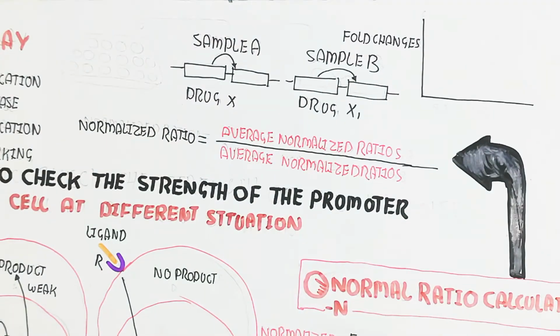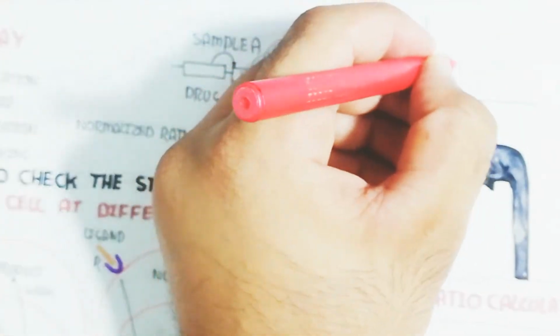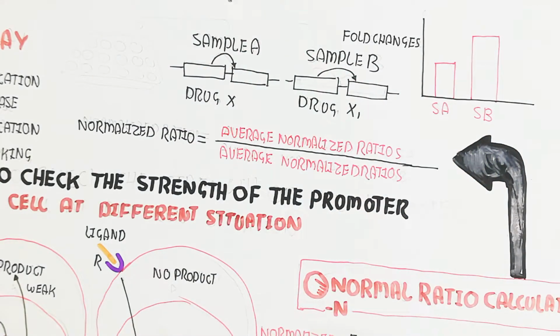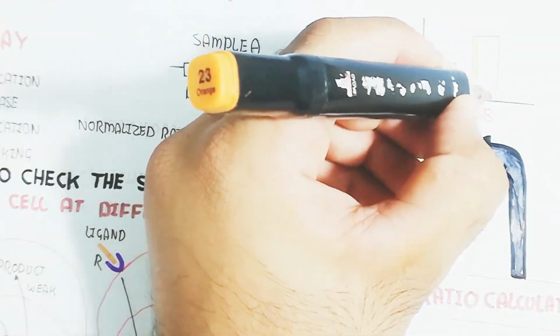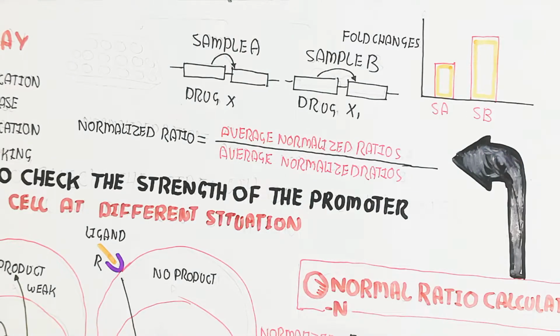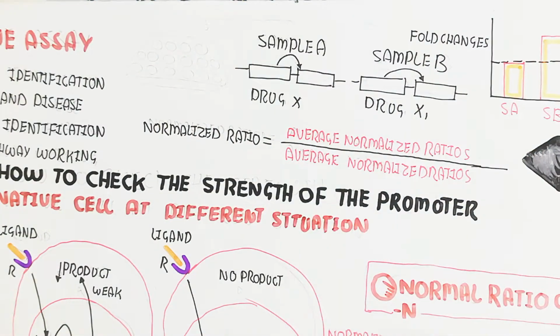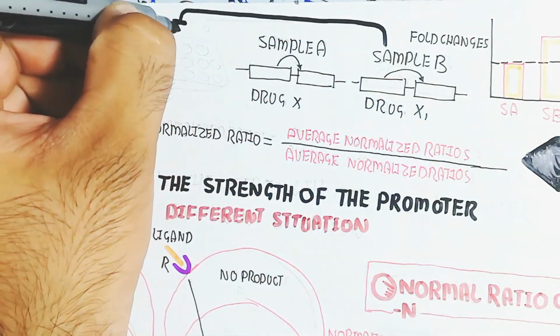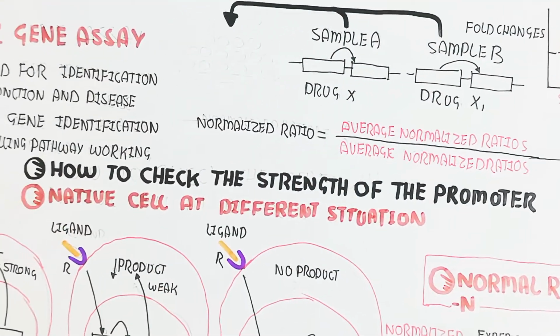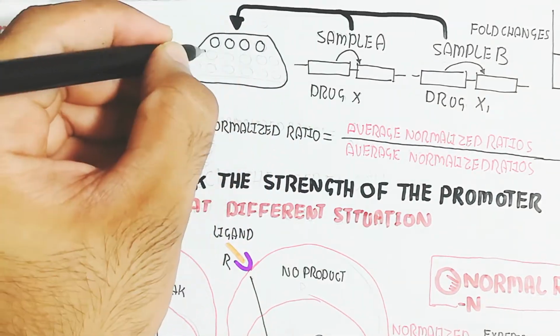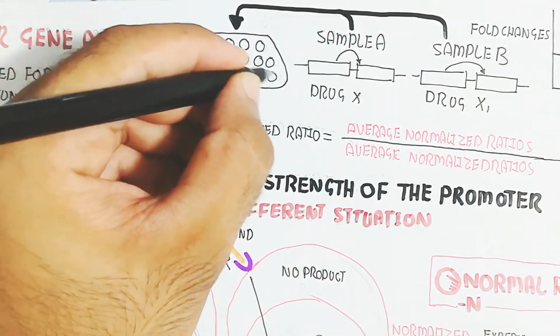In this way, the luciferase enzyme produced in sample A will be less, while in sample B it will be more. In this way, you can say that sample B, the drug X1, is producing more luciferase. It means the promoter is strong for that drug, while the promoter is less strong in sample A for that drug.